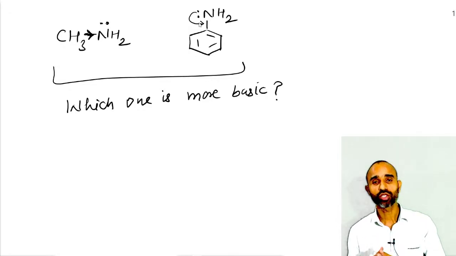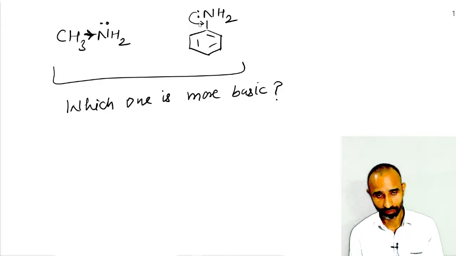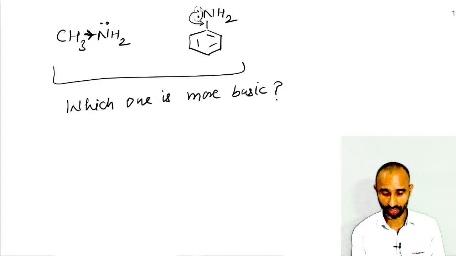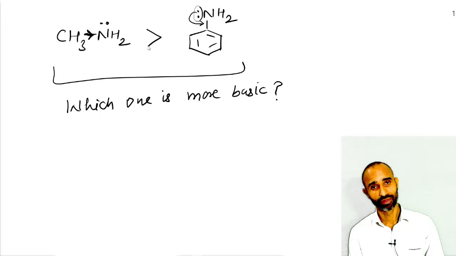As NH2 has a plus R effect, the benzene ring has a minus R effect, and therefore it withdraws electrons from nitrogen, and therefore electron density on the nitrogen decreases. Therefore methylamine is more basic than aniline.